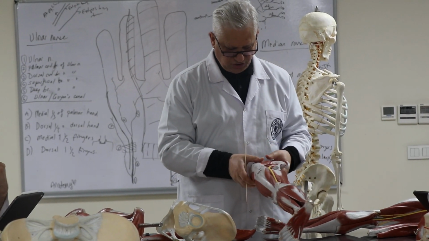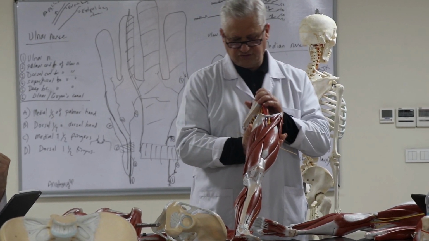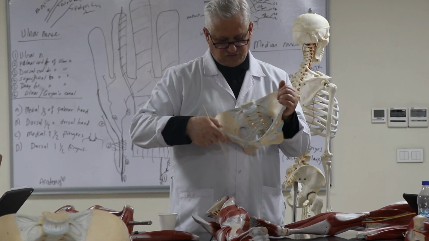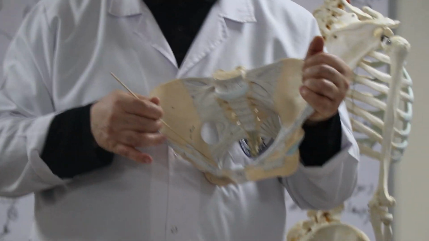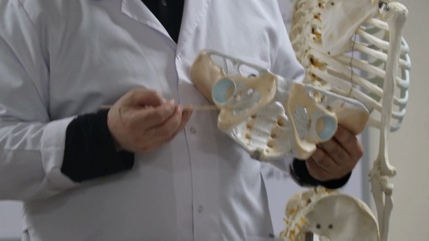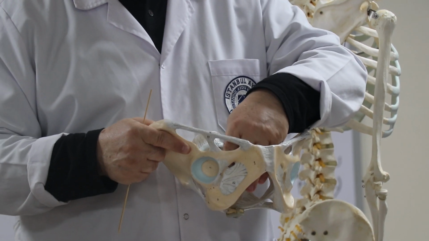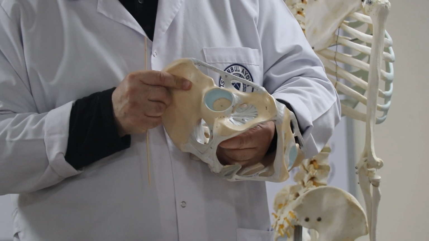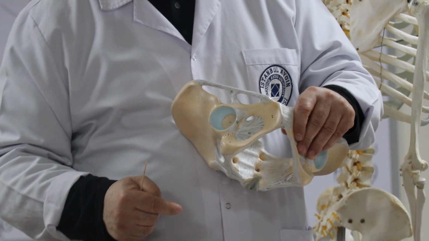Okay, obturator externus, we're not going to talk much about that. So this is the obturator internus, it's like here. Obturator internus originates from the internal aspect of the obturator foramen and obturator membrane, and obturator externus comes from the external surface of the obturator membrane. That's the difference. This obturator internus goes through the lesser sciatic foramen to come out and insert onto the greater trochanter.